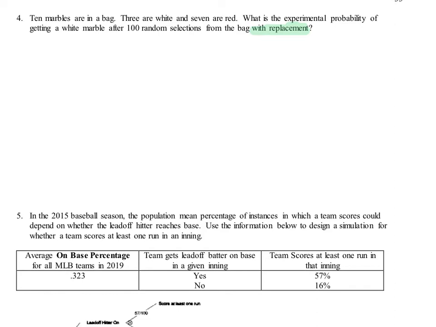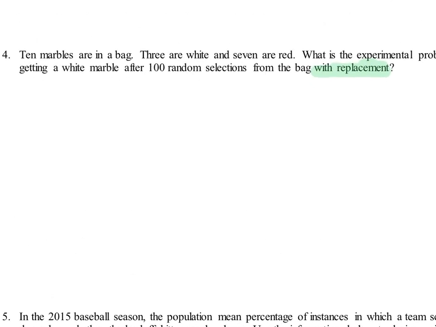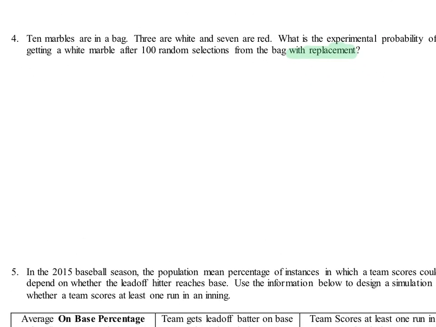Same thing with cards, anything that involves with replacement: whatever was withdrawn from the set after it's been noted, like Jack, Queen, 10, whatever, it's put back into the deck, reshuffled, and then a new card is selected. Same idea here. All marbles are going to be available at all times.